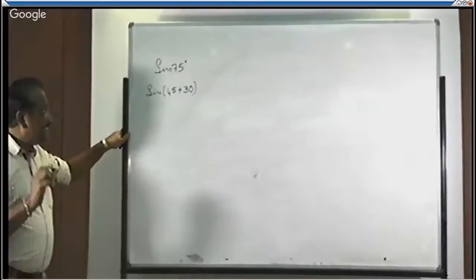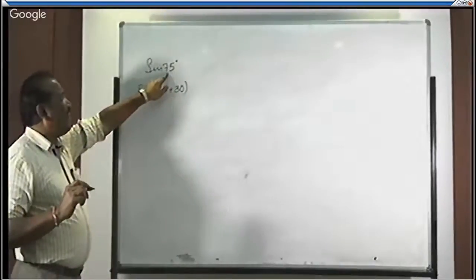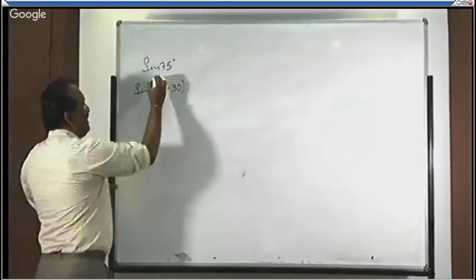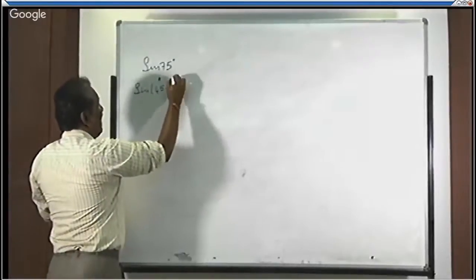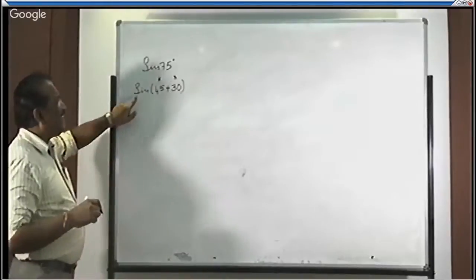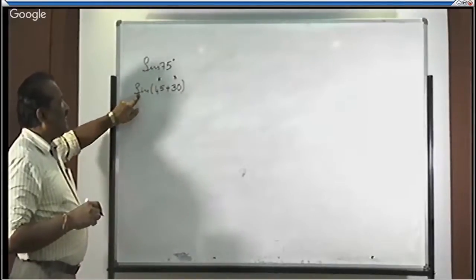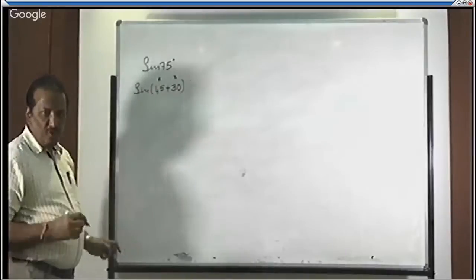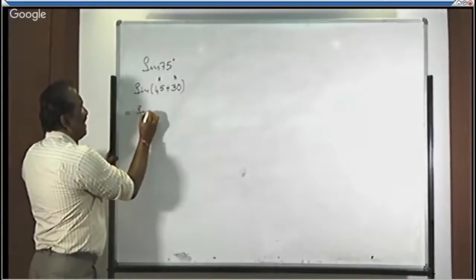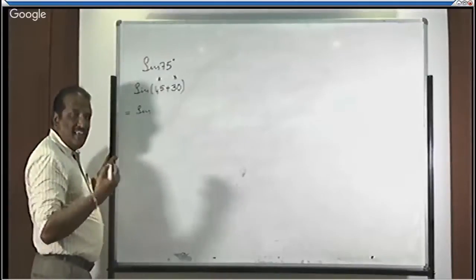Now think of 45 degree as A and 30 degree as B. The entire expression is then in the form of sine of A plus B. We know sine of A plus B is sine A cos B plus cos A sine B.